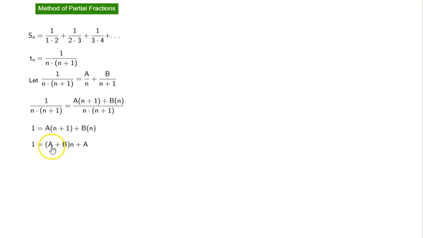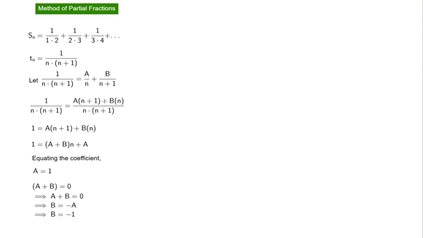Regrouping this, we get a plus b times n plus a. Now we equate the coefficients. You notice a is a constant, and on the left hand side there is a constant 1. So that means a is equal to 1. On the right hand side we have a plus b times n, but there is no n on the left. So that means it is 0.